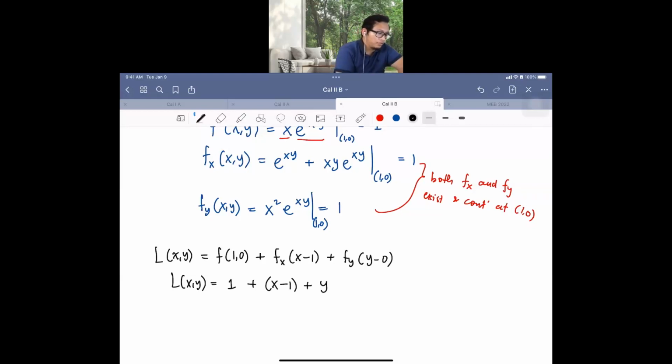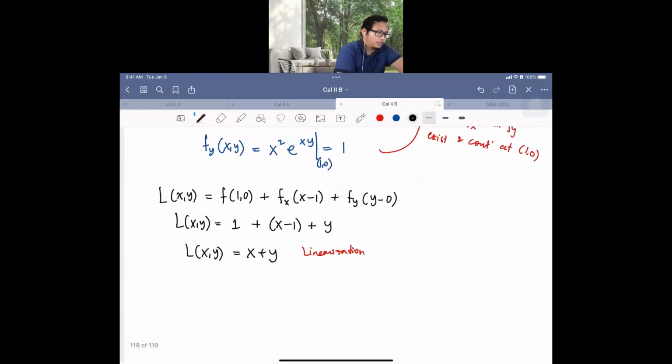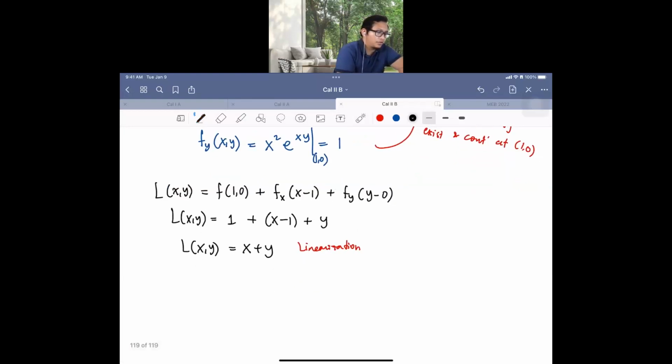So we can simply write that the linearization is x plus y. From the linearization, we can check our point, that is 1.1 minus 0.1, which is approximately 1.